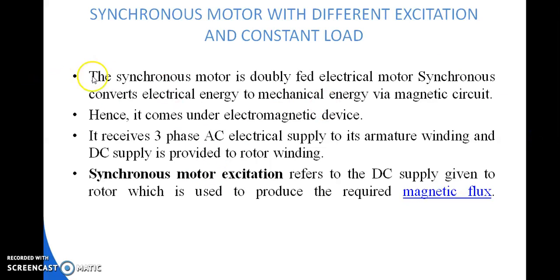Again, the synchronous motor is a doubly fed electrical motor. It converts electrical energy to mechanical energy via a magnetic circuit. Hence, it comes under electromagnetic devices.